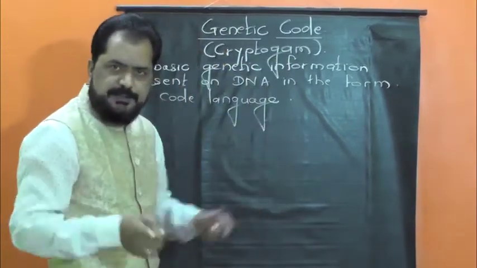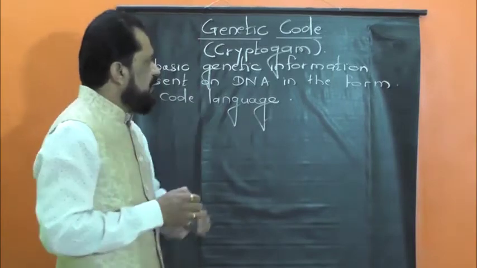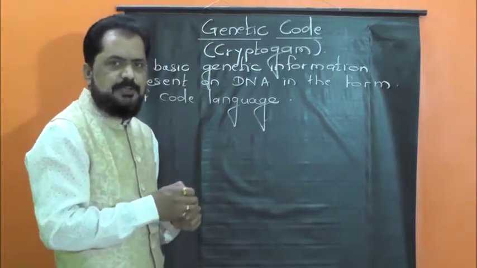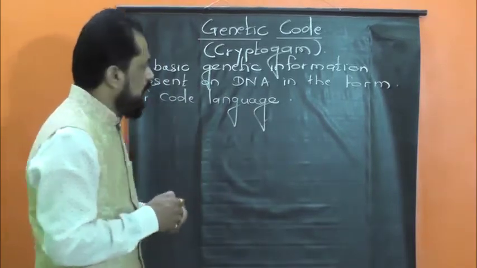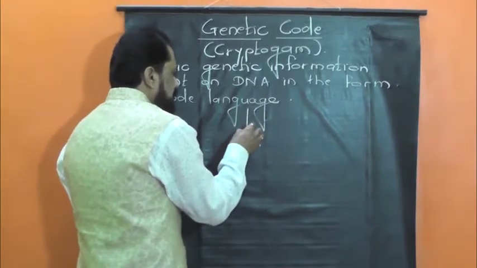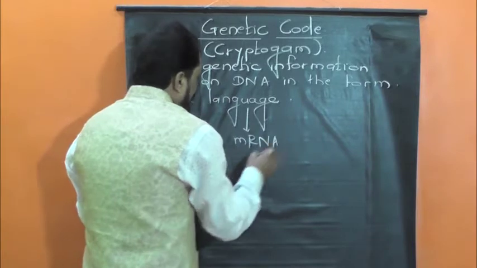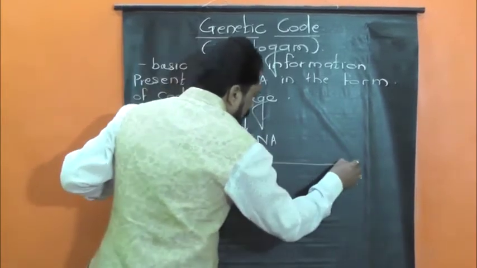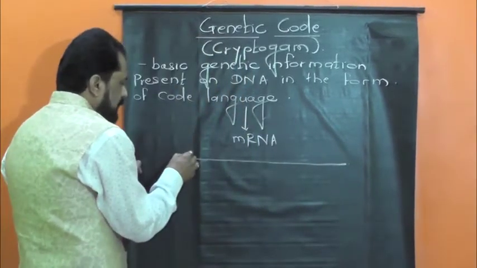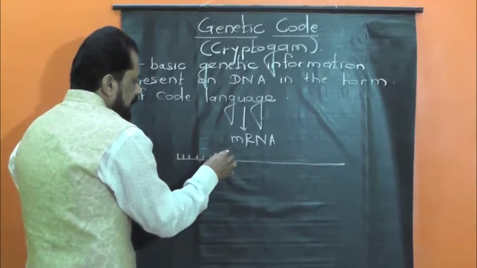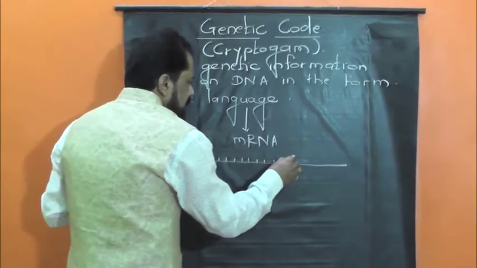Okay, and I said that this basic genetic information present on DNA in the form of code language is transferred on messenger RNA in the form of code words. I told you that code words may be known as the codons.